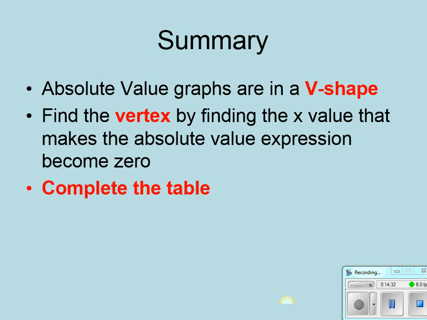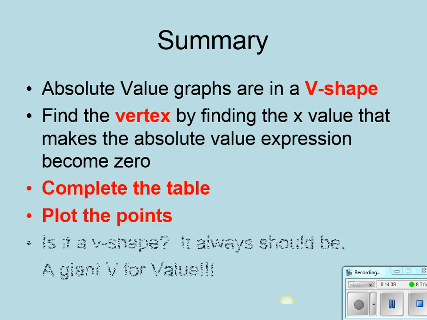You complete the table, making sure you do values on both sides of your vertex, plot the points, and then if you don't have the V shape, then you did something wrong because we have a giant V for value.